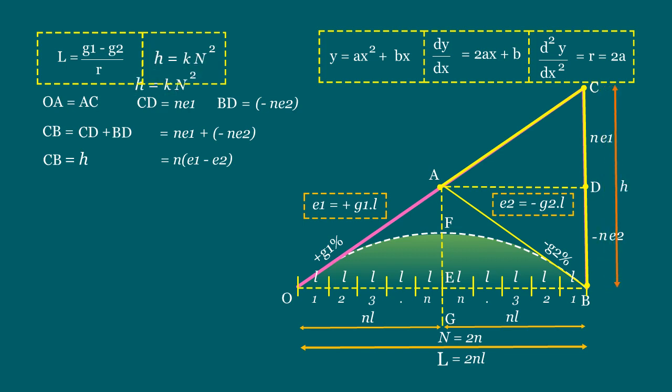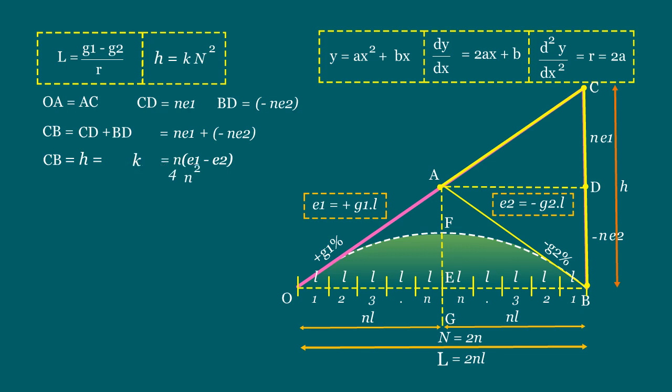We already knew that H equals kn square. Here, n equals 2n. That means kn square equals k into 2n square, that is 4kn square. Finally, CB equals 4kn square, that is equal to n into E1 minus E2.